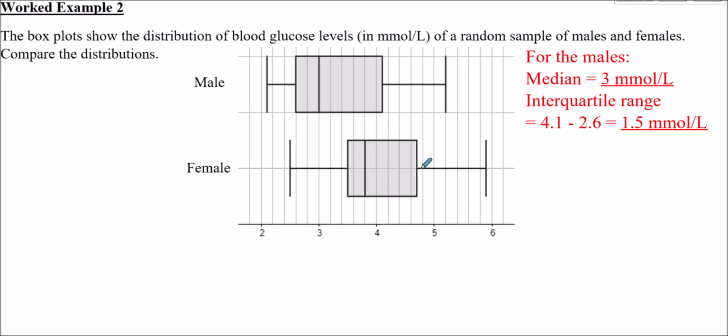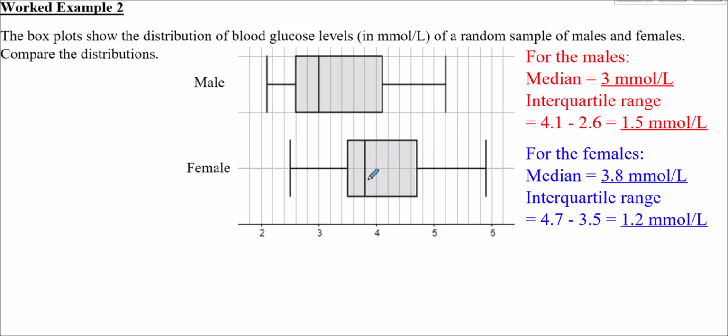We now do the same for the females. So the median, this line here, comes down at 3.8, and the interquartile range, this vertical line is halfway between 4.6 and 4.8, so it's 4.7, and this one here is at 3.5. 4.7 minus 3.5 is 1.2.